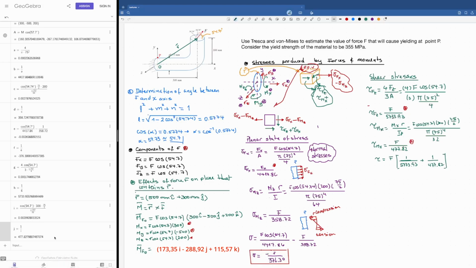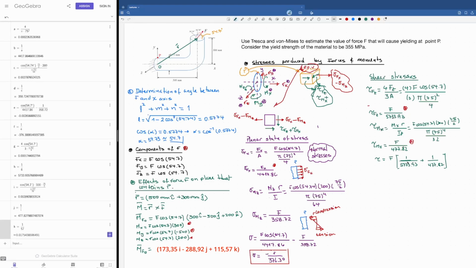And how much is this? Let's just do it. 5, 7. This is a mistake again, just noticed it. 5733.93 plus 1 divided by 477.82.